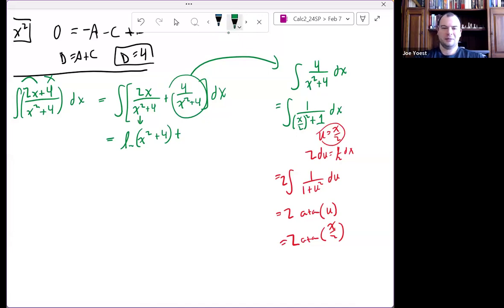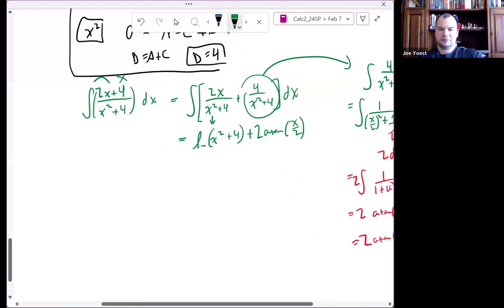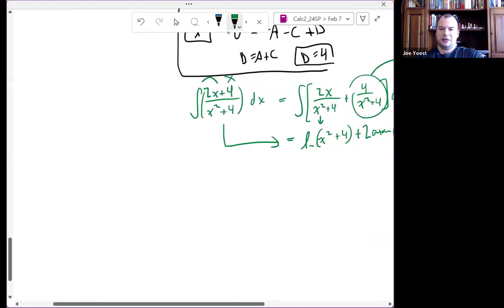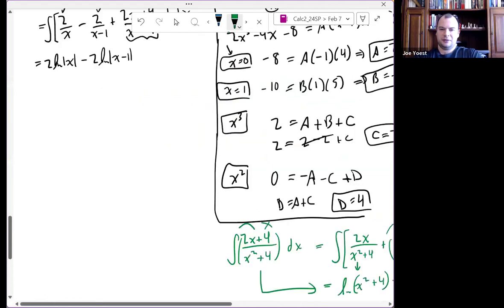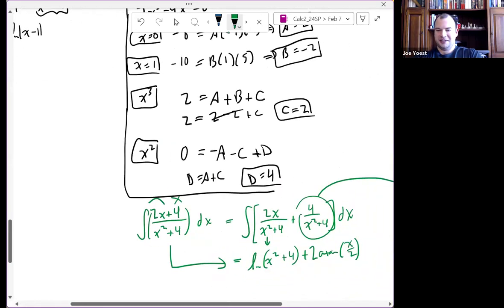So I have mini problems inside of mini problems inside of mini problems. So that is what this integral turns into. And where did my original integral go?